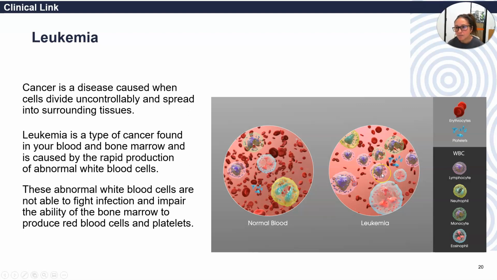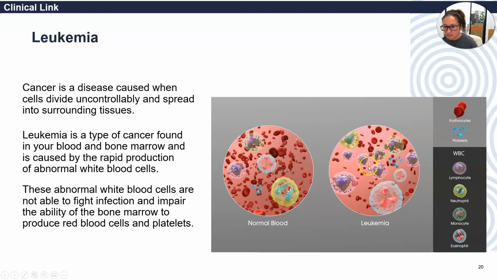But if you have leukemia, the cells that your bone marrow is spitting out are either the wrong shape, or there aren't enough of them, or the ones that you spit out are wrong. They just don't function, or they're abnormal. So let's have a quick look. If you have leukemia, you don't have as many red blood cells. Your platelets are still okay. But look at these.